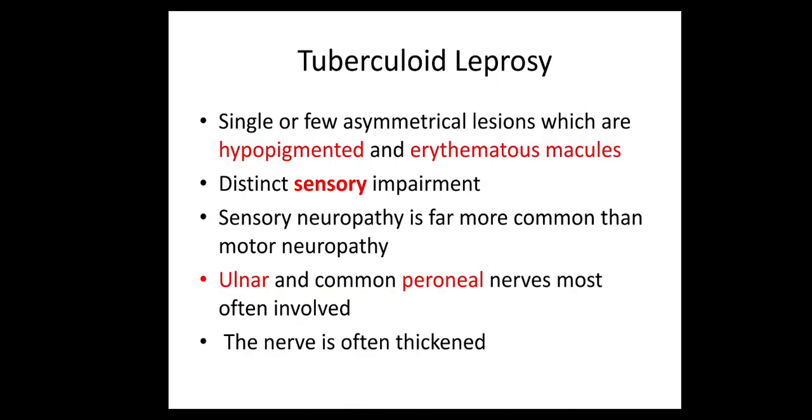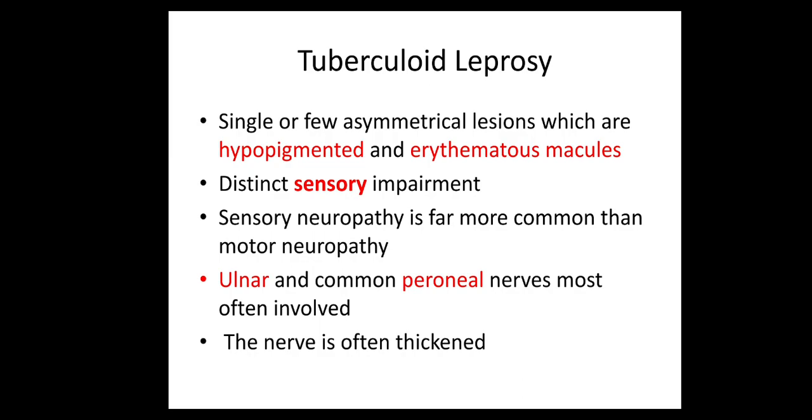So here in tuberculoid leprosy, the patient usually presents with an asymmetrical lesion. They can be either single or few small hypopigmented patches, or they can be in the form of erythematous macules also. And here the classical feature is distinct sensory impairment.